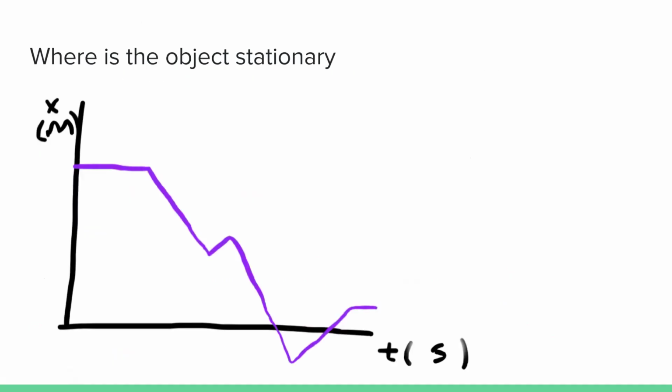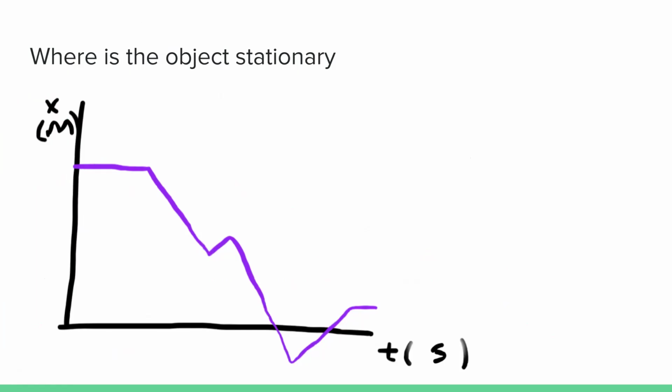All right, looking at this graph, where is the object stationary? So what kind of graph is this? If you look at it, it's displacement versus time because I see x here and t there. Well, stationary is going to be where there is no change in the displacement.